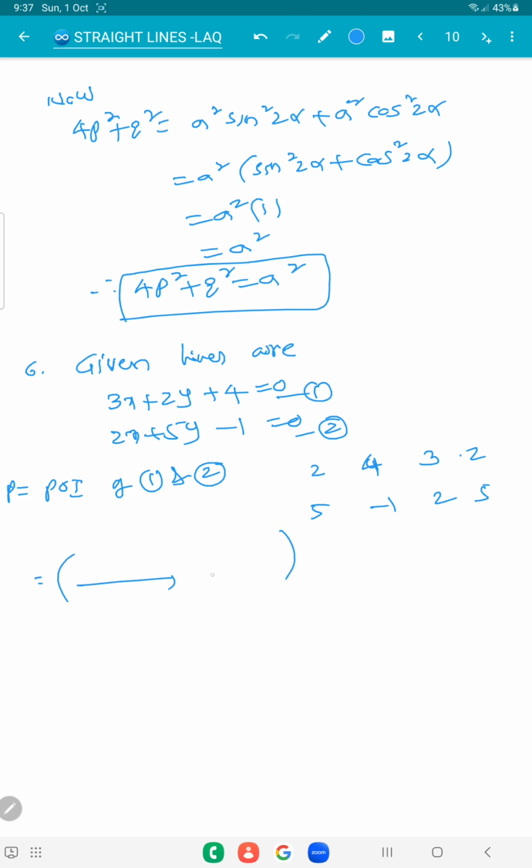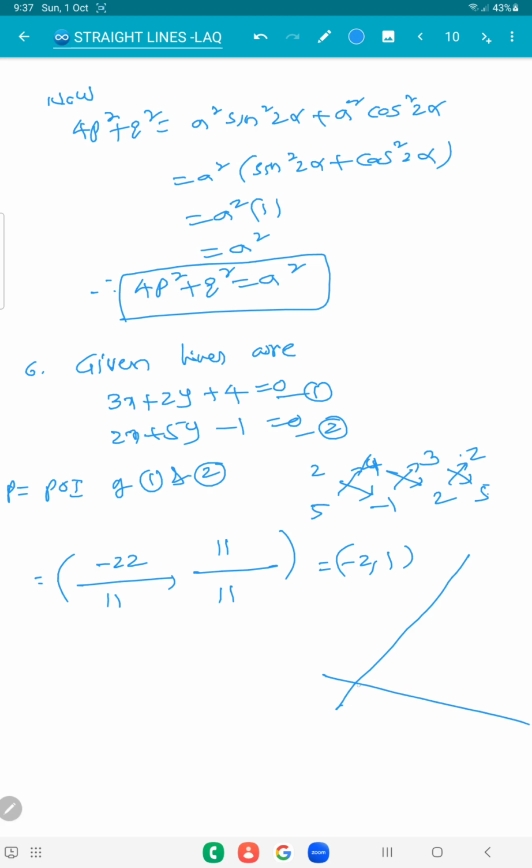The third determinant should be written here: 15 minus 4, 11. First determinant is here only: minus 2 minus 20, minus 22. Second determinant is 8 plus 11, 11. So minus 2 comma 1, right? Let us understand the question. Minus 2 comma 1 is the point of intersection.